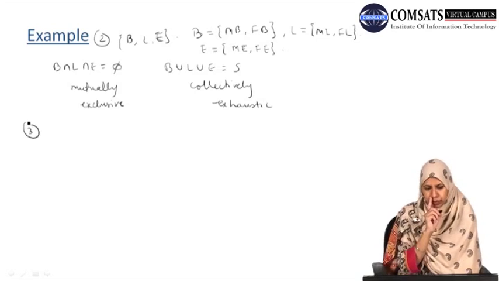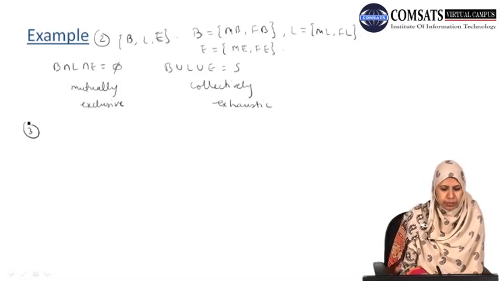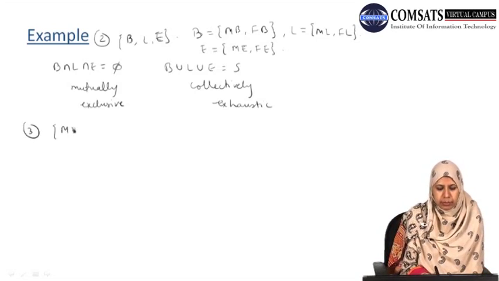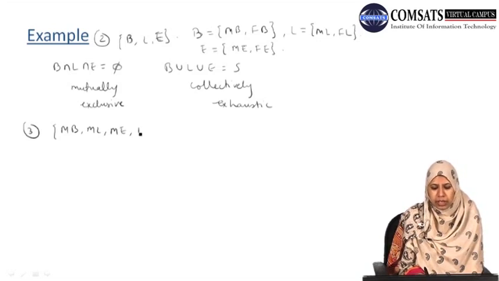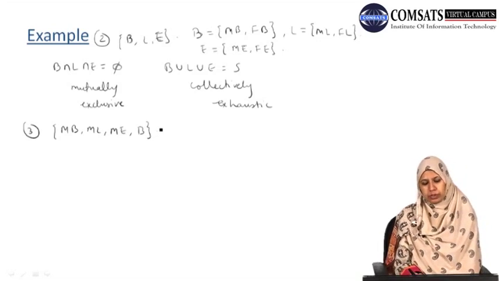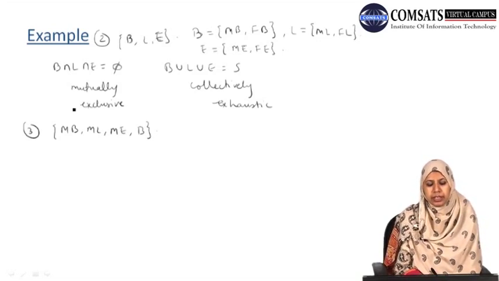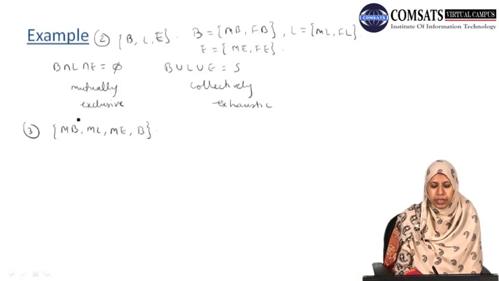Okay. Consider one more collection of events where we have the events MB, ML, ME and the event B. Okay, where the event MB is a simple event, that is, it contains only one sample point, that is a male student studying business.